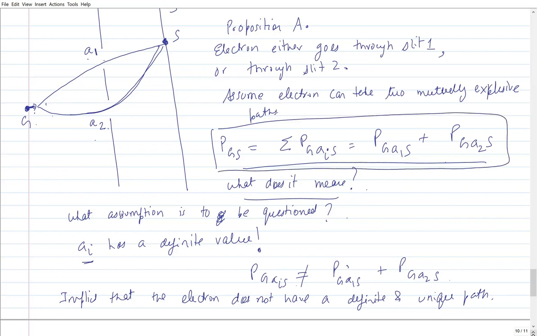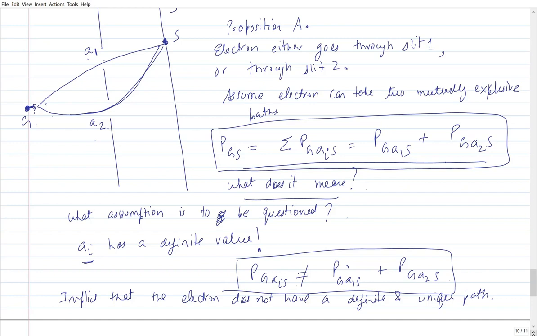Remember we were doing this discussion about fundamental uncertainty because of quantum mechanics. So it is not that I have closed my eyes and I do not know A1 and A2. It is the fact that A1 and A2 do not exist. A1 and A2 do not take definite values, and that's the only way I can explain what I observe in the experiment.